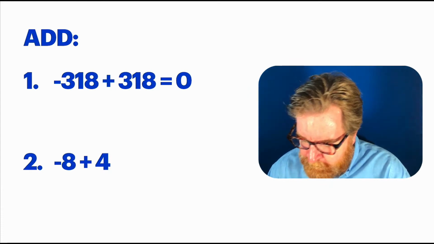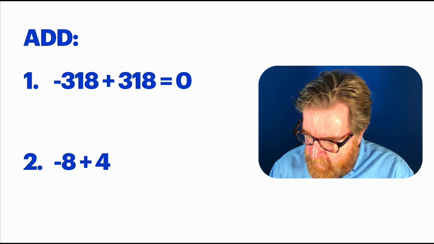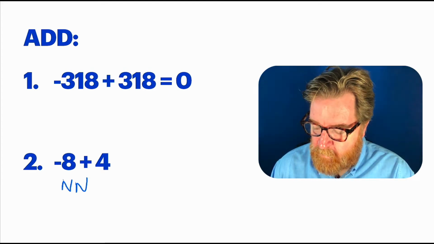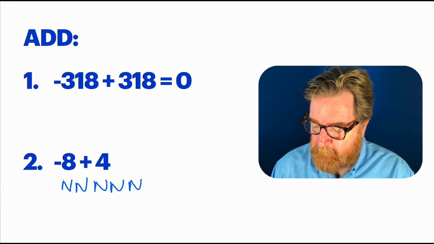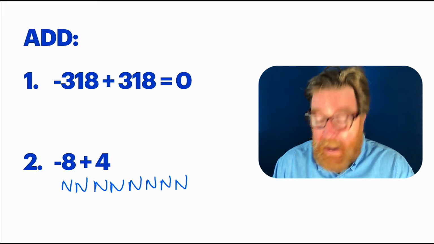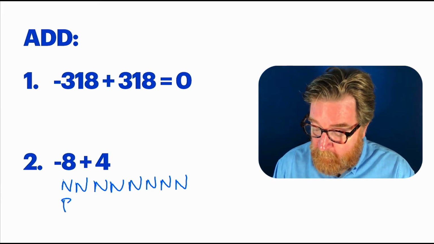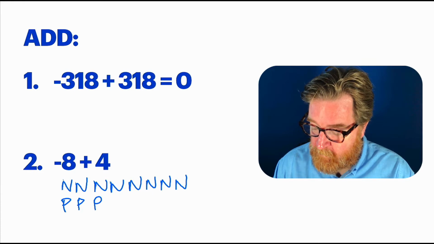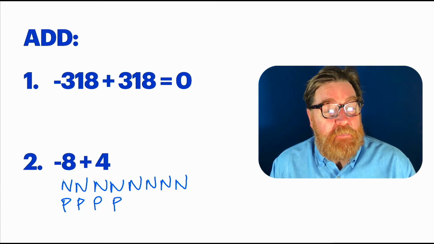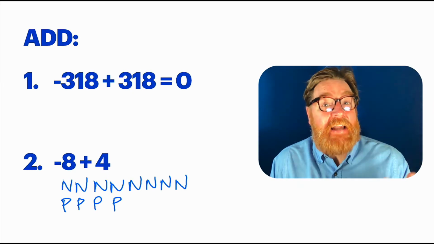So for example, with this one, negative 8 plus 4, we represented it with 8 n's, n for negative, obviously, and 4 p's for the positives, right? The 4 positives. Now, we let the annihilating happen.